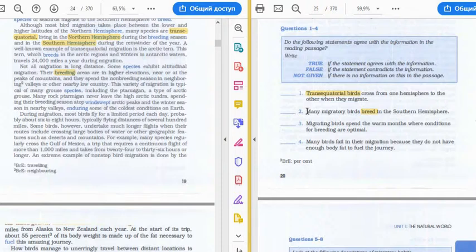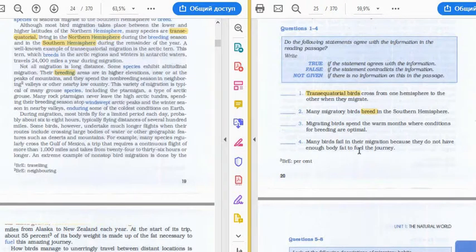Also, when you reply to the questions, you have to be careful, because sometimes the answer could be yes, no, or not given, and sometimes it's true, false, not given. In case you put yes instead of true, it's minus one score, so it's better to be careful with that.